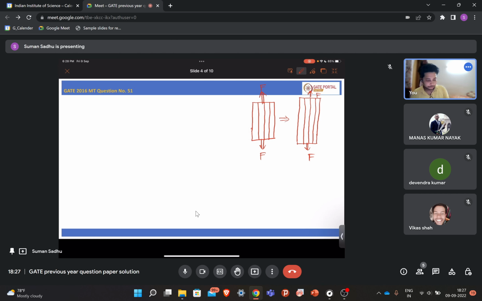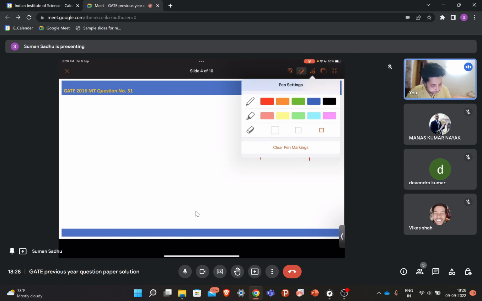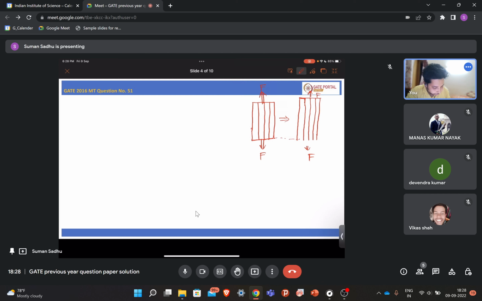So you can see that when the length is getting changed, the deformation is the same for both the matrix and the fiber.